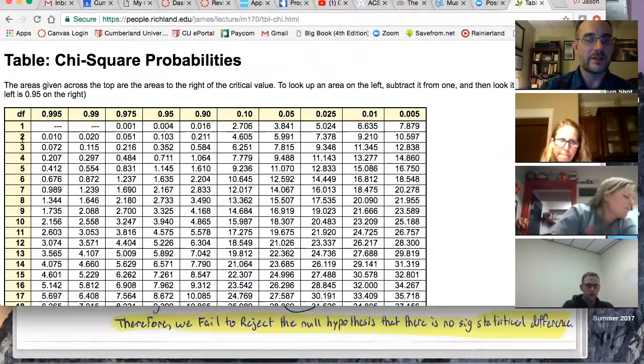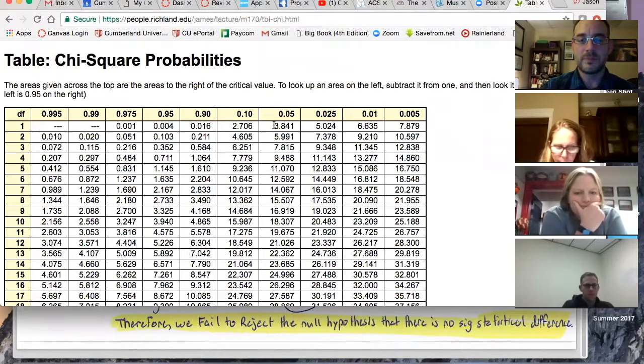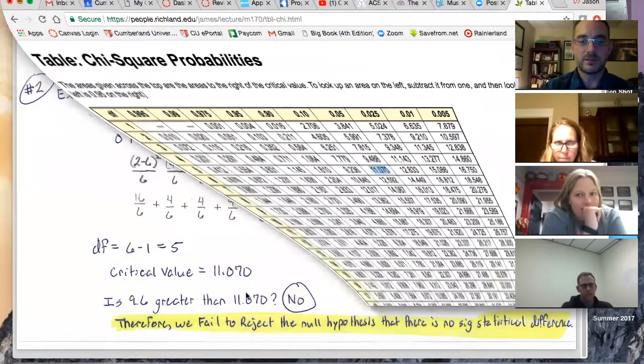We go down to our rows, 5, and then we follow that over to the 0.05 level. And we should get 11.07. Everybody seeing that in your chi-square probabilities table? Yes. All right. So that's what we're going to compare here.